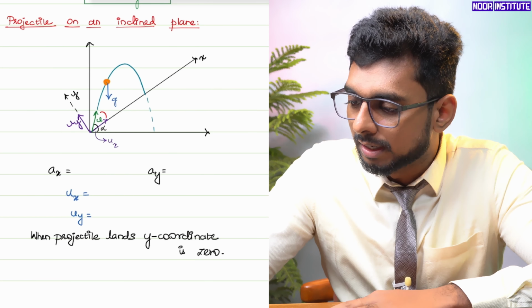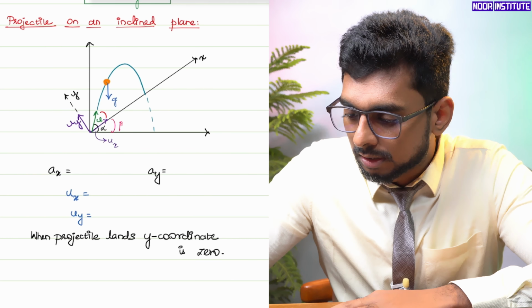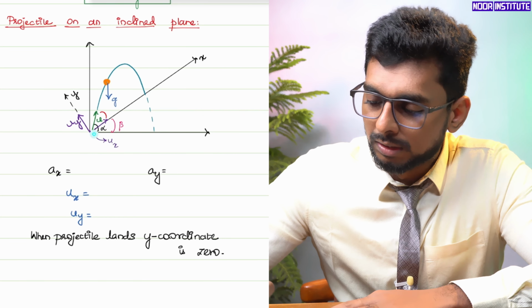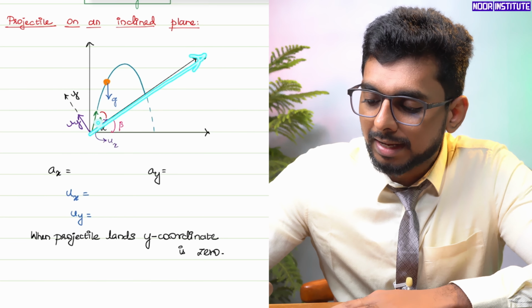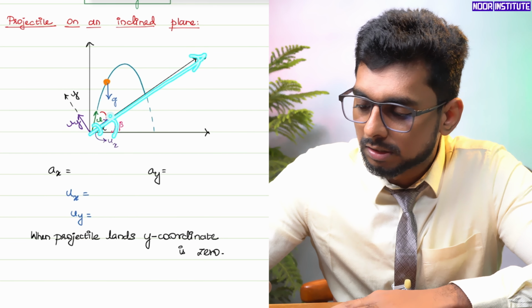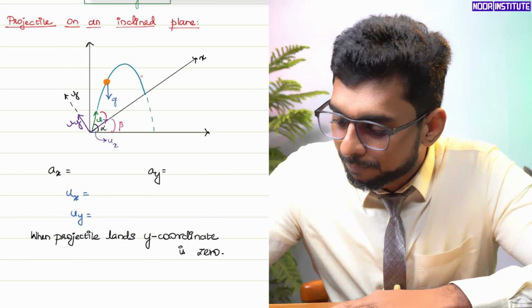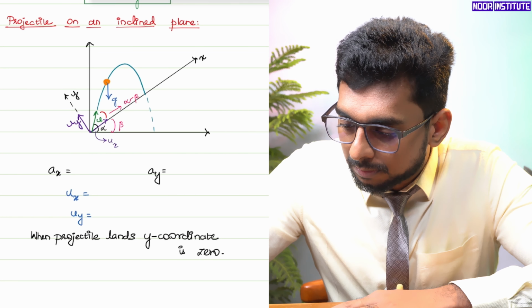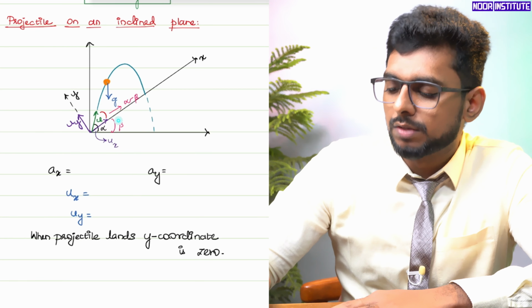So you've got two angles: one is alpha and the other is beta. This angle will be beta. The angle of throw with respect to that inclined plane will be alpha minus beta. So this angle here is actually alpha minus beta. These are the angles that you need to know.